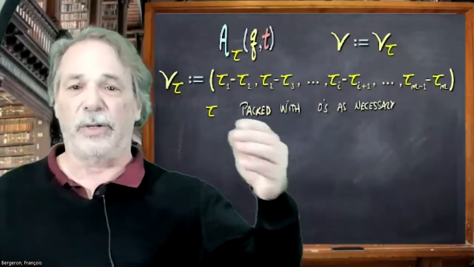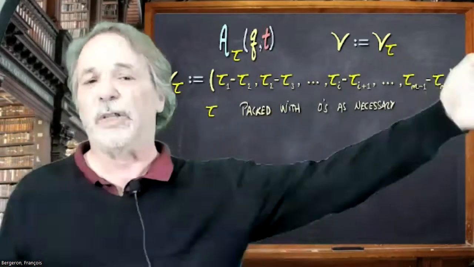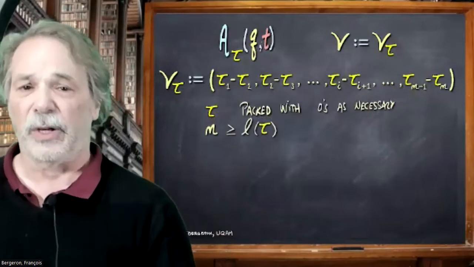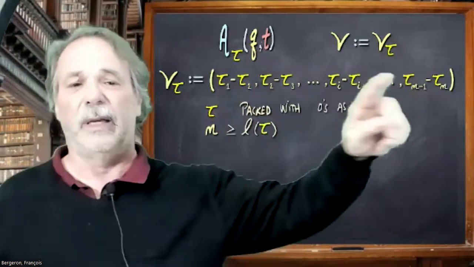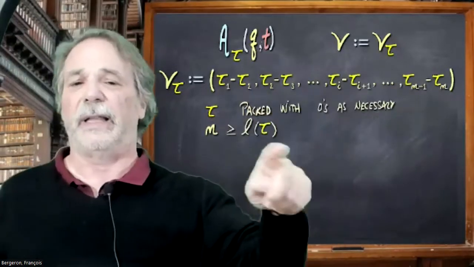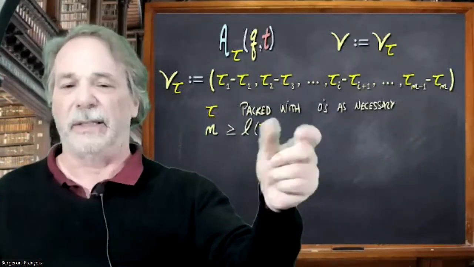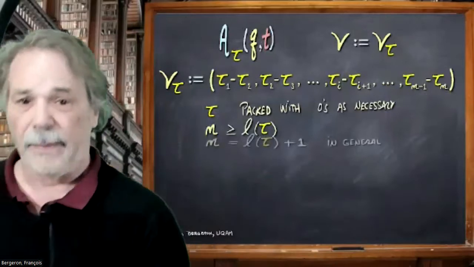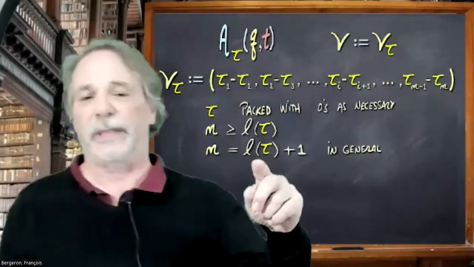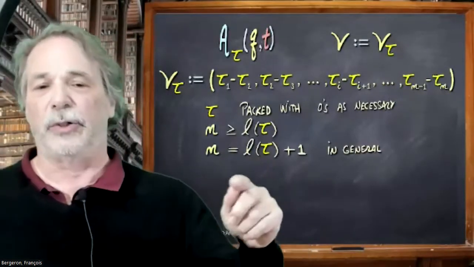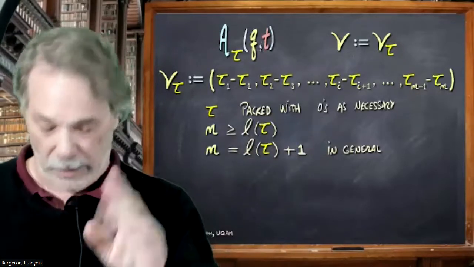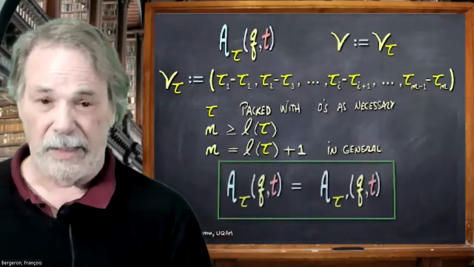And you could start with a partition that has a bunch of zeros at the end, no problem. So n could be more than the length of the partition, but then these differences are just going to be 0, 0, 0, 0 at the end. But typically you would take n to be the length of tau plus 1, say in good instances.